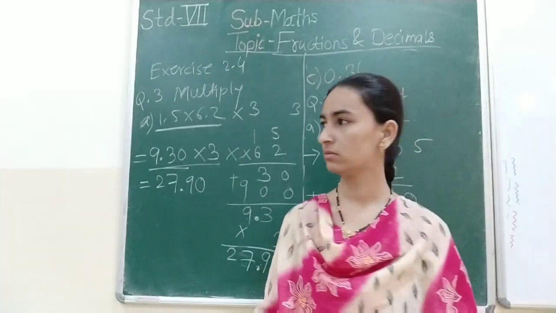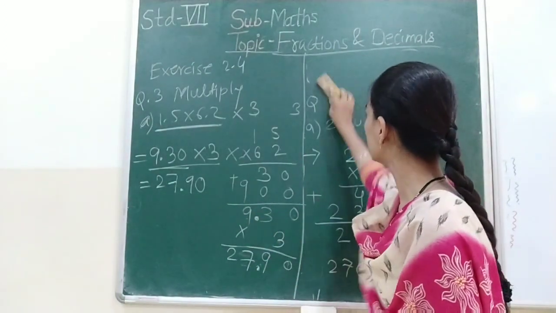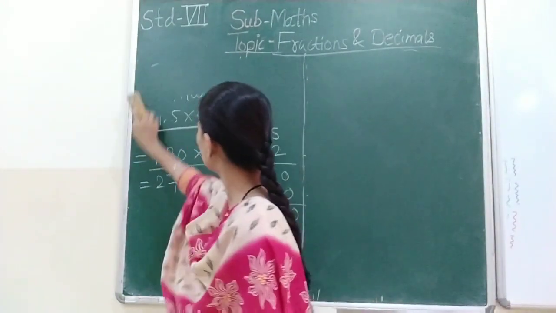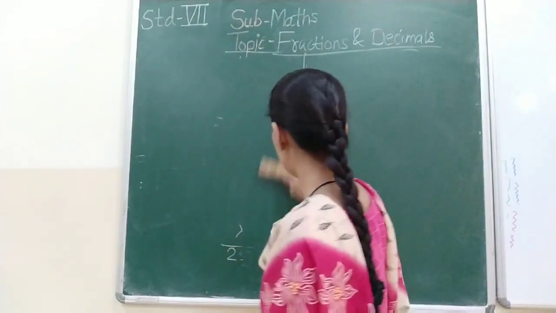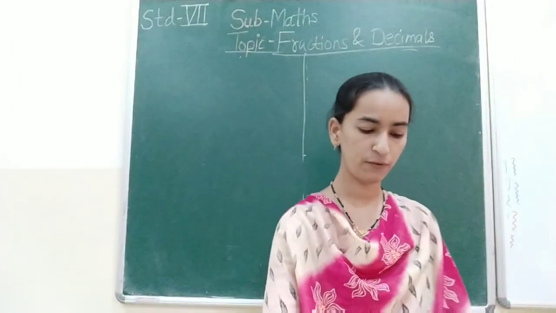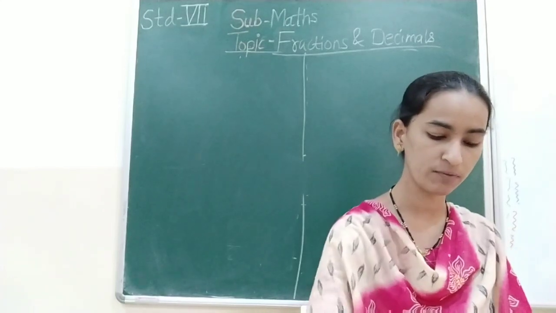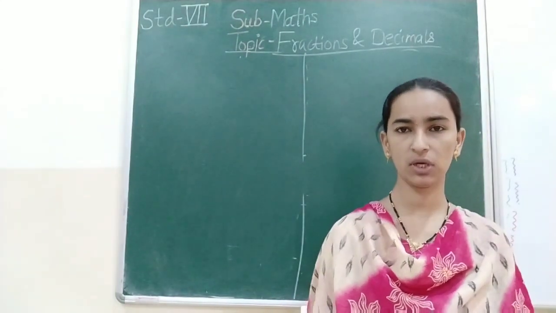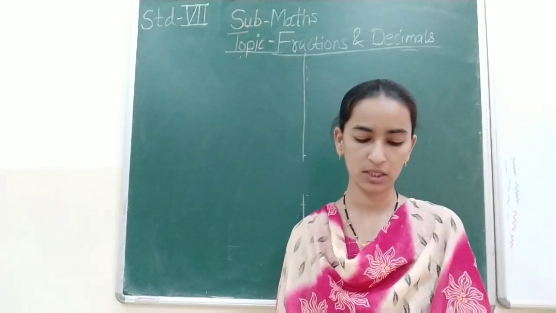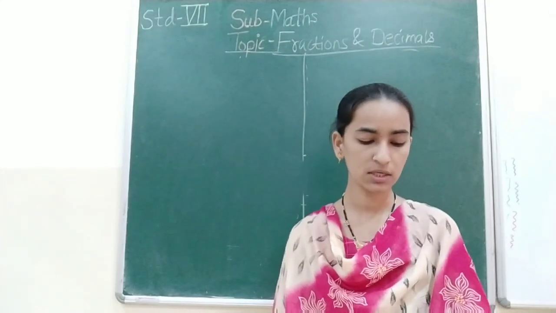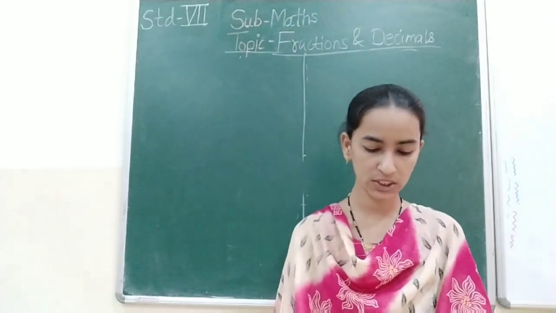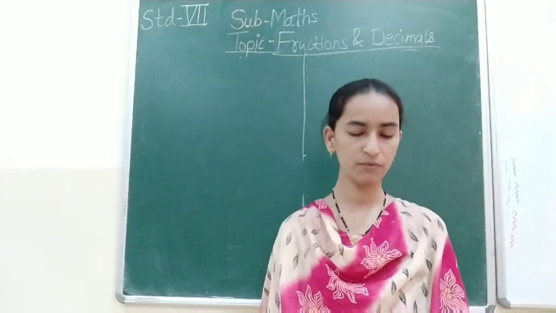Now the word problem, question number 4. Question number 4 is, a fan rotates at a speed of 123.5 rotations per minute. If the speed of the regulator is adjusted to increase the speed of the fan 3.5 times, find the number of rotations per minute of the fan.